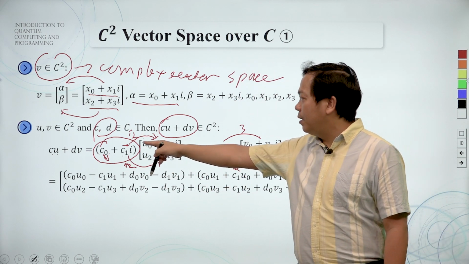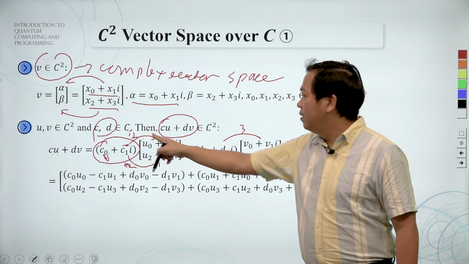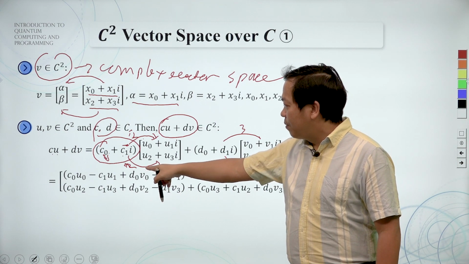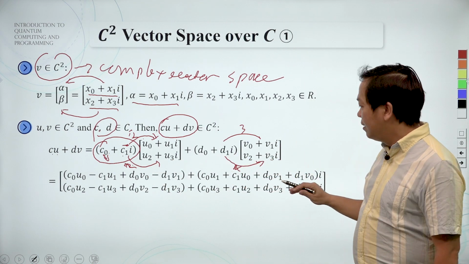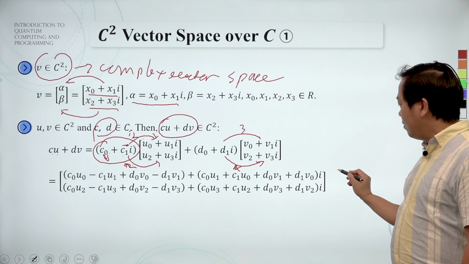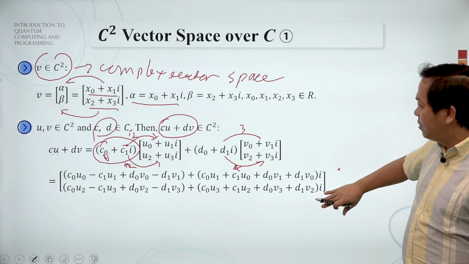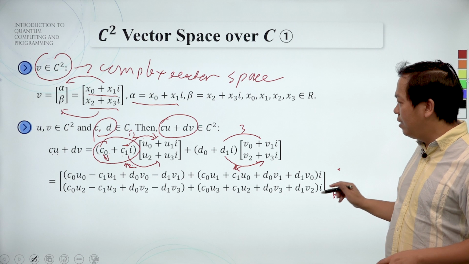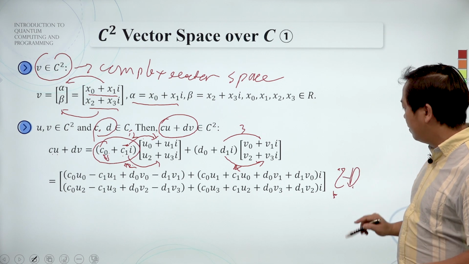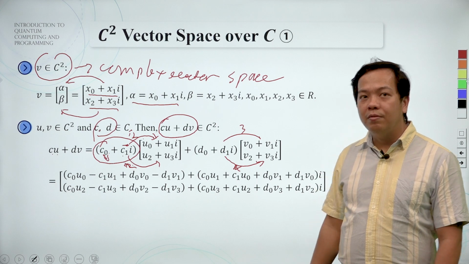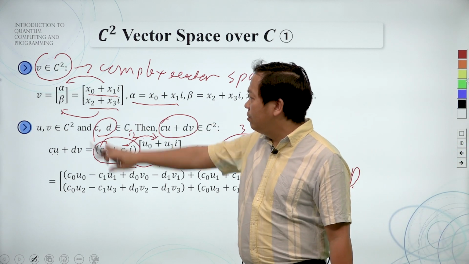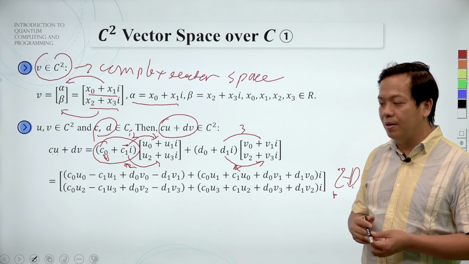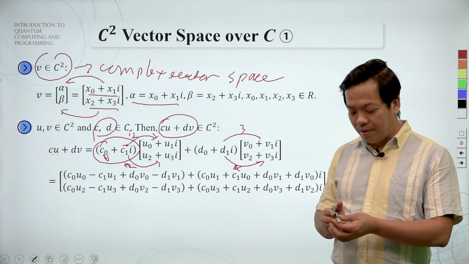So you add 1 and 3, and the third one you add 2 and 4. Then you get the result vector in 2 dimensions. Remember, the original has 2 dimensions, so the result needs to have the same format.